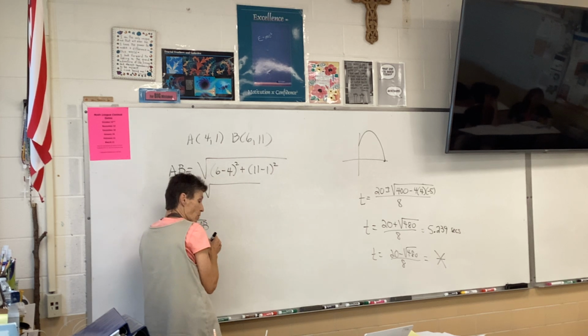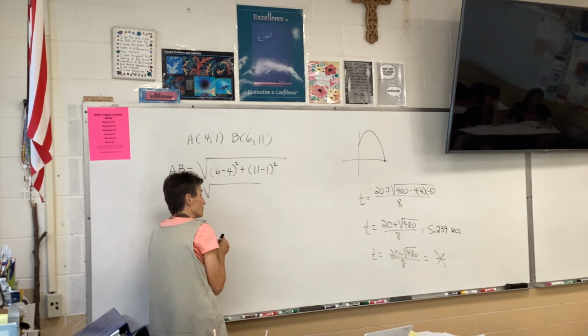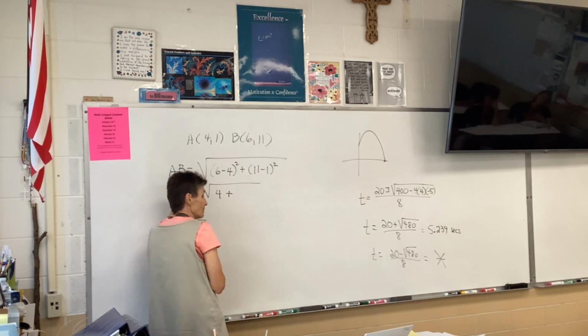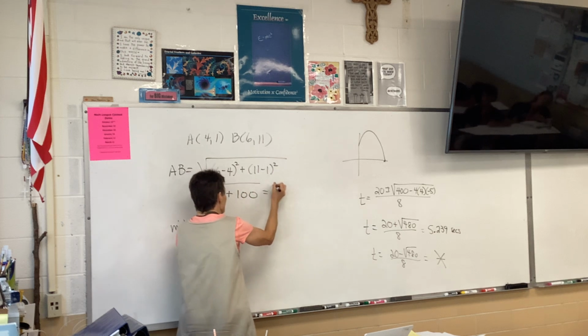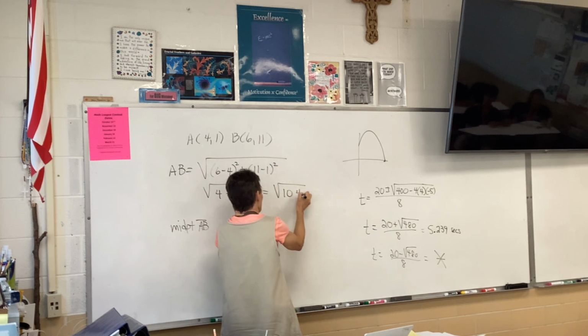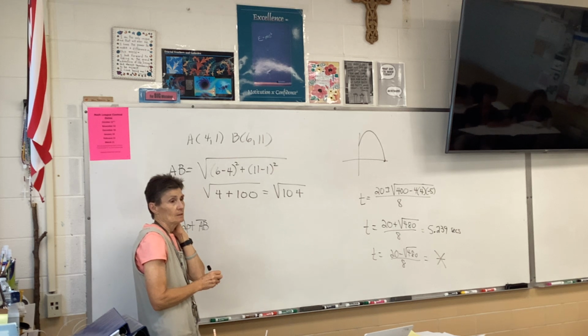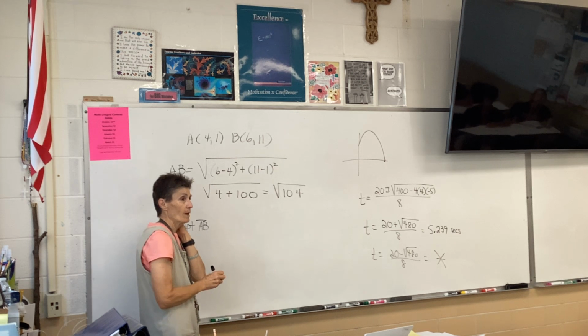6 minus 4, 2 squared, 4. 11 minus 1 squared. So I got the square root of 104, and I just have a feeling I'm going to have to break that down. Okay?